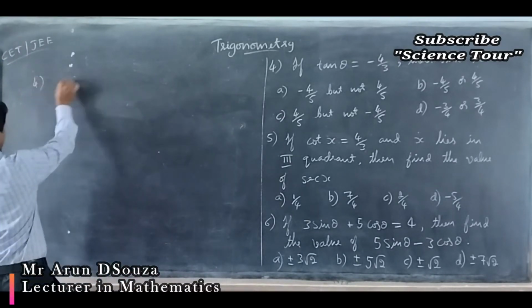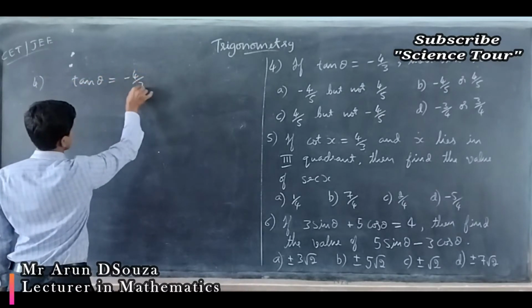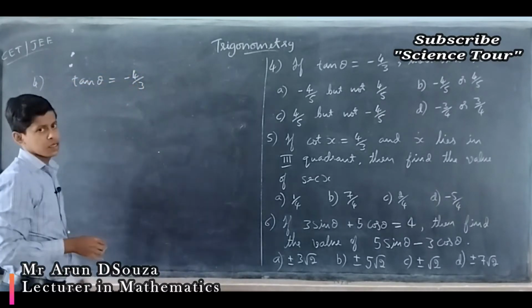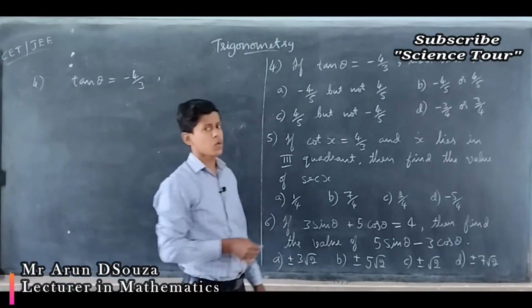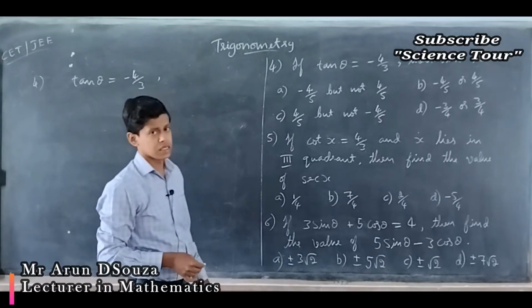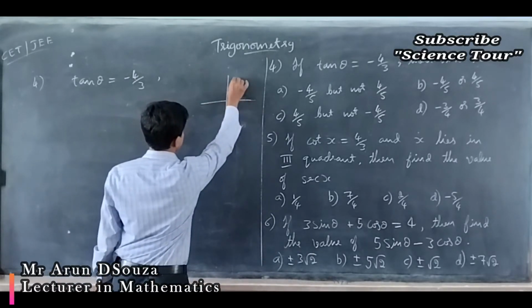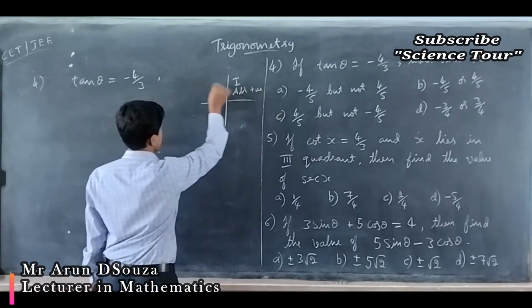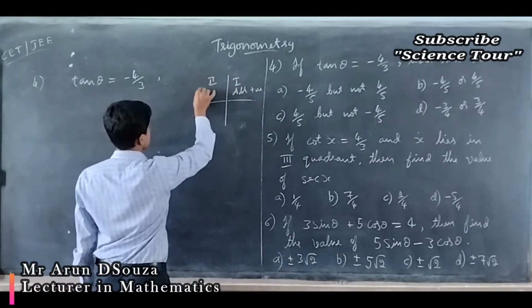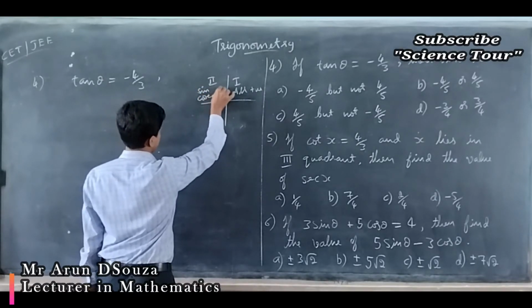Understand, tan theta is equal to minus 4 by 3. They have not said anything about the quadrant in which it lies, so you have to assume it. In the first quadrant all are positive. In the second quadrant sine and cosec are positive.